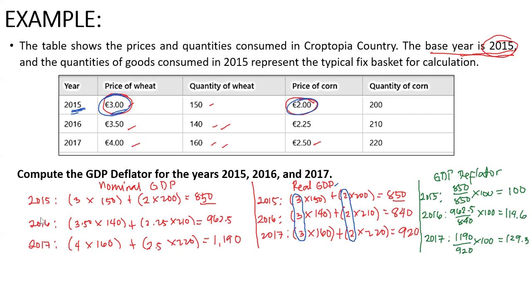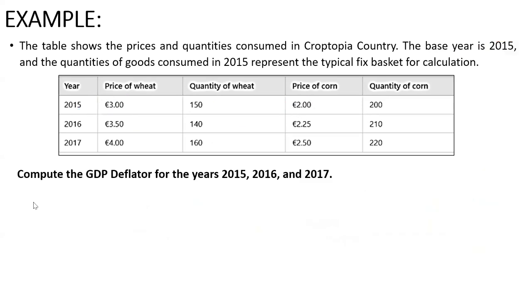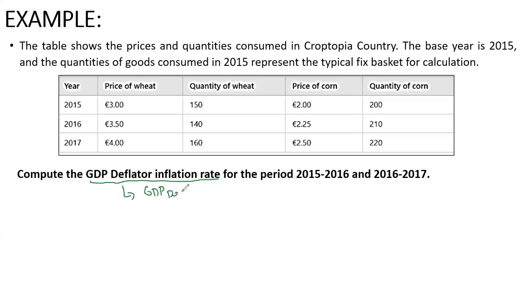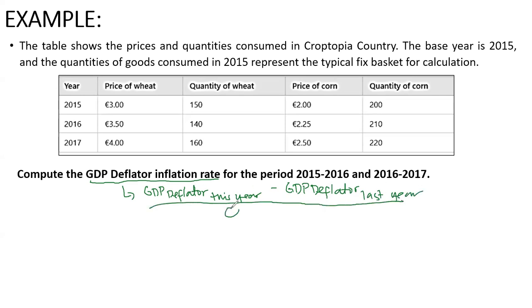Since we already have the value for the GDP deflator for each year, we can now compute the GDP deflator inflation rate. In computing the GDP deflator inflation rate, you simply get the difference of your GDP deflator this year minus the GDP deflator last year, divided by the GDP deflator last year, and times 100%.